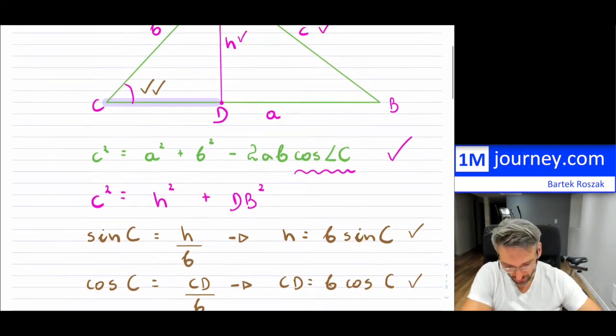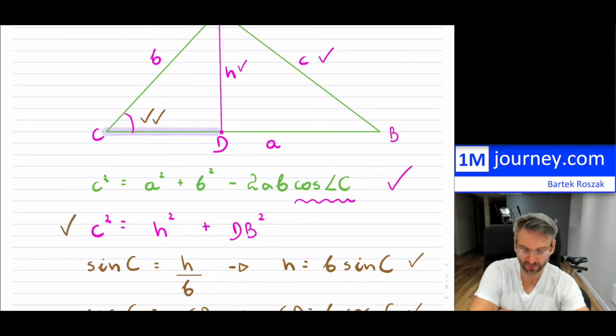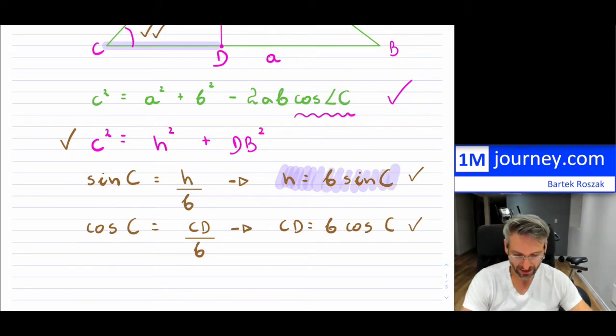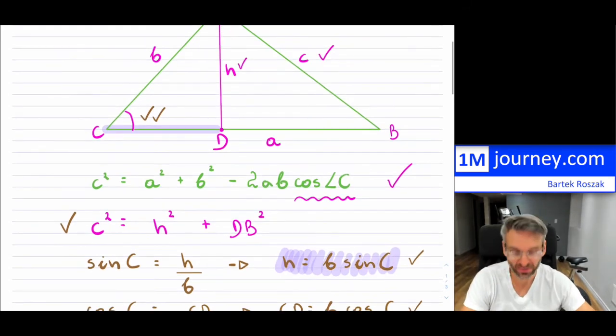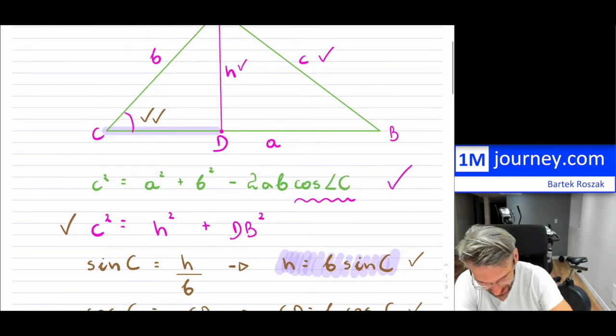Now I'm going to move over and take this particular Pythagorean theorem and try to substitute everything that I know. Now, I know what H is. I have H right here. So that is my H. Now, I do not know what dB is. However, I can rewrite dB. So dB is simply equal to this distance right there, from here to here.